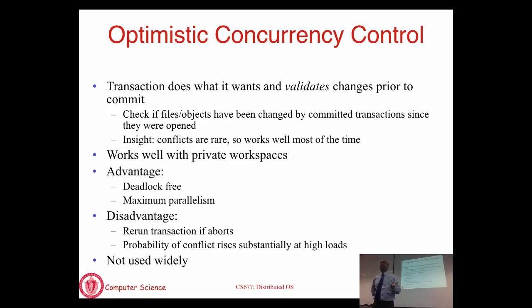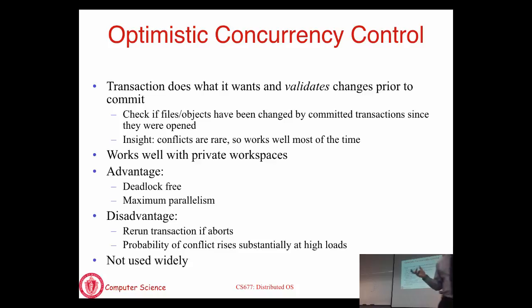Okay? The disadvantages are, because you're taking an optimistic view, if there is another transaction that touches the same data you are reading or writing, okay, you are going to have to abort and rerun the transaction. And then the second disadvantage is the probability of conflicts will rise as the load on the system increases.